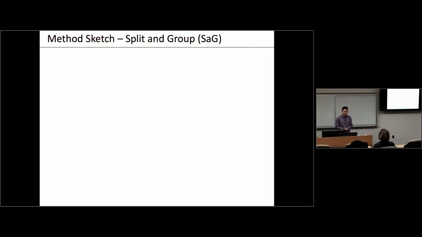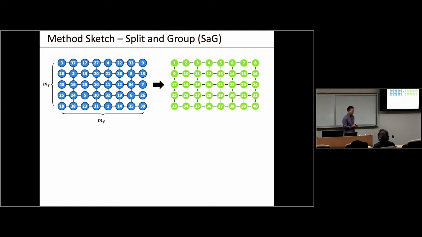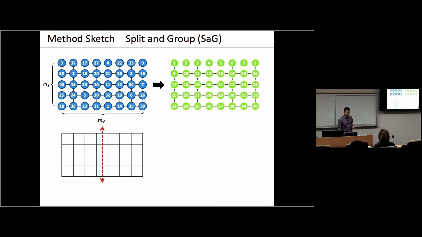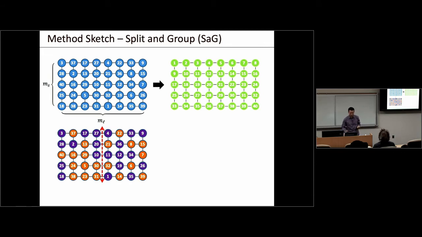I'll be quite brief in covering these methods. First, SAG. When we are given a grid of size M_L times M_S, we want to go from this to that and solve that with SAG. SAG can solve this problem, but will not give us the constant factor optimal solution. With SAG, we split the grid in the middle along the longer dimension, and this split induces a split of the robots themselves into two groups.